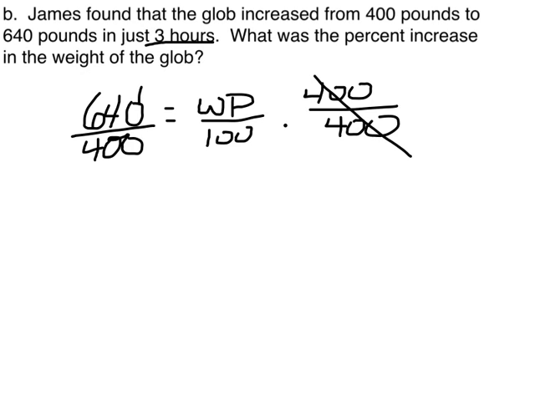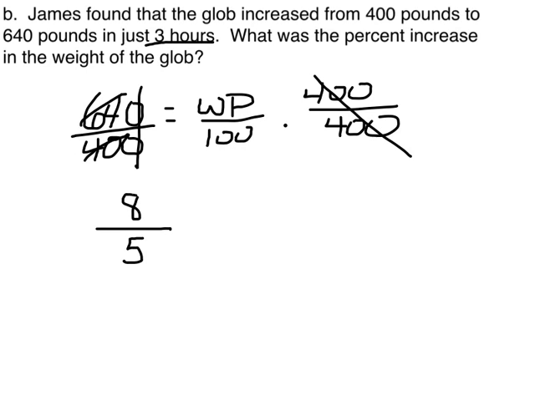Got rid of that. Let's get rid of this. And 4 will go into both of these. 4 will go into 40 10 times and into 64 16 times. Well, let's use 8, because 8 would go into both as well. 8 goes into 40 5 times, and it goes into 64 8 times.